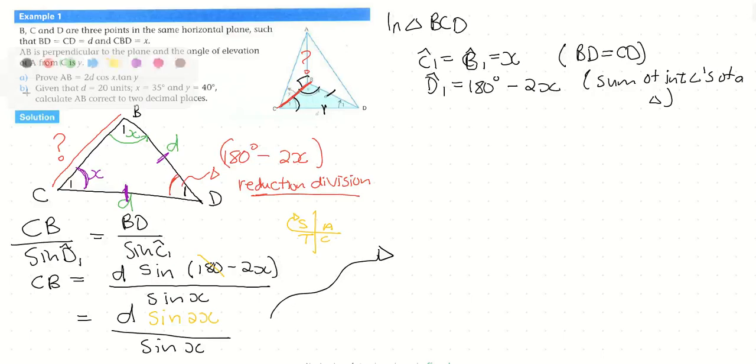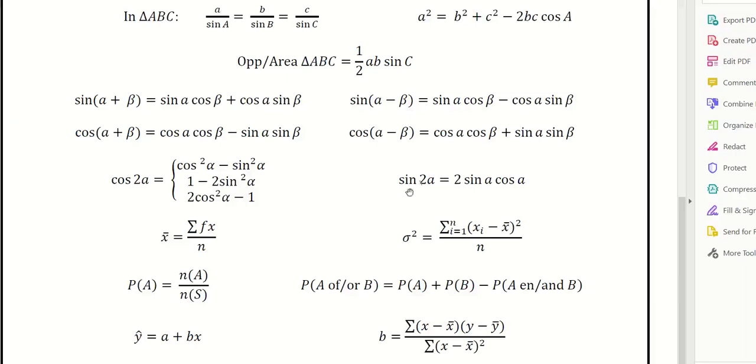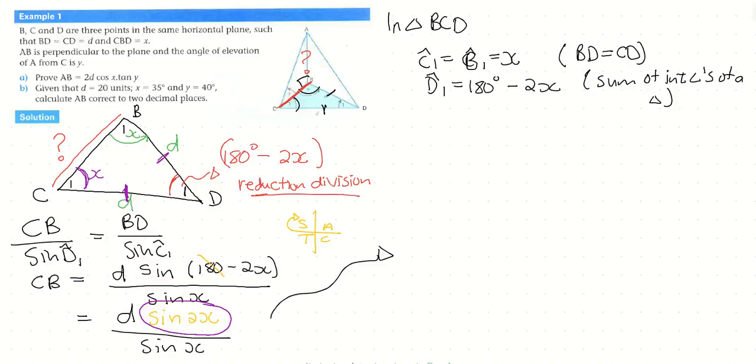Well, I know that this, let me circle it, my sine 2x is a double angle. And how do I write a double angle? Let's go back to this over here. Do you see? Sine 2 alpha is 2 sine A cos A. So I'm just going to write 2 sine x cos x, because my letters are x's. So let's go back.